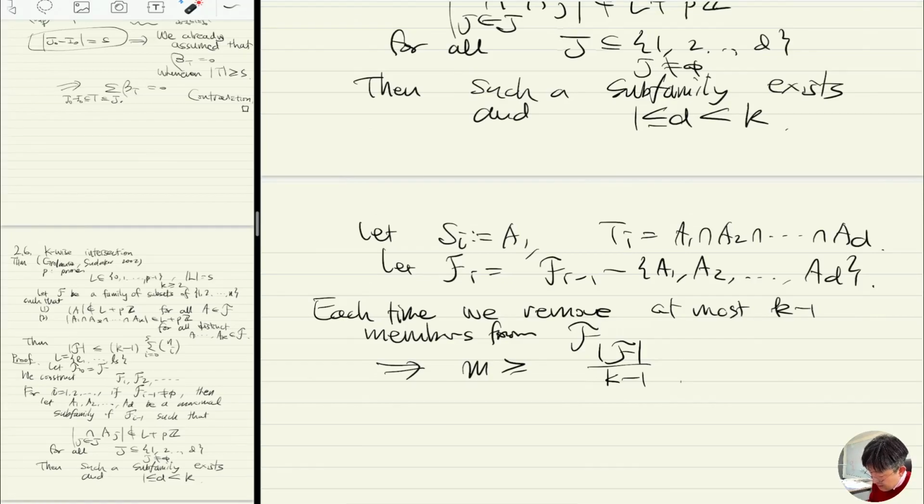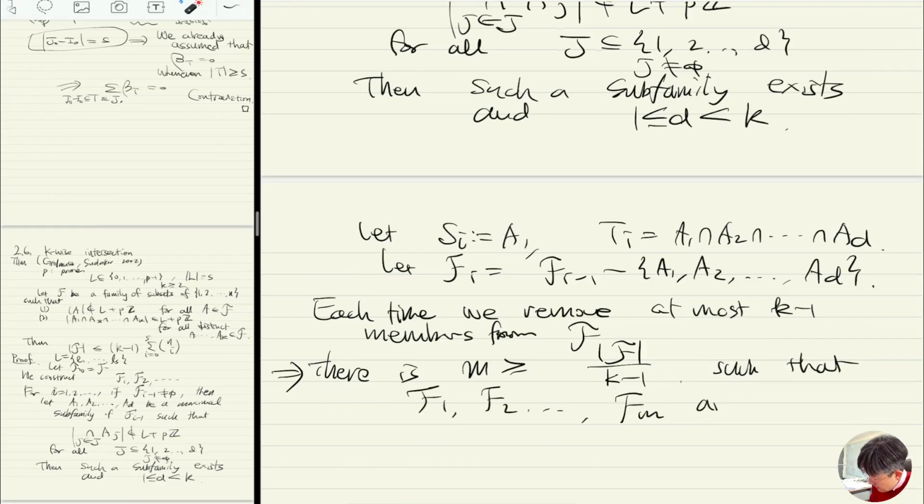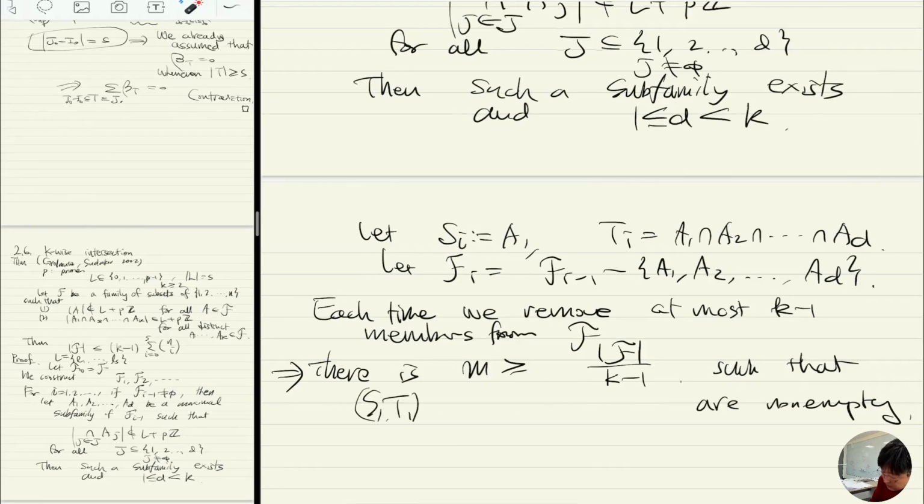What I mean is that there is m such that F1, F2, up to Fm are non-empty. Or rather, maybe the last one could be empty, but S1, T1, S2, T2, up to Sm, Tm are defined. That's a better way.